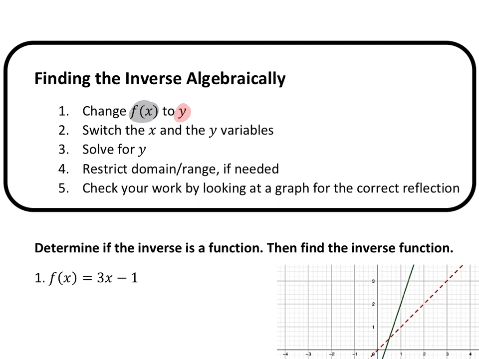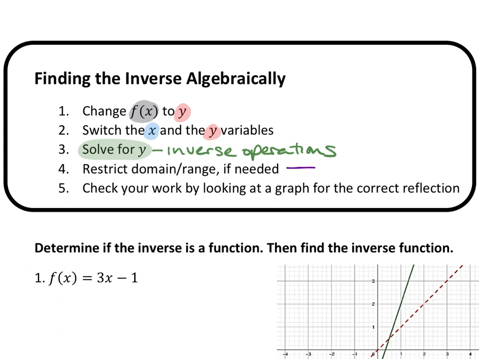The second thing we're going to do is, without changing anything else, we are just going to change the locations of all of the x's and y's. Every x becomes a y, and every y becomes an x. Don't do anything extra. Then we're going to solve for y. Now, we've been solving for y for a while. It's just using inverse operations. For step 4, it says to restrict the domain and range if needed.